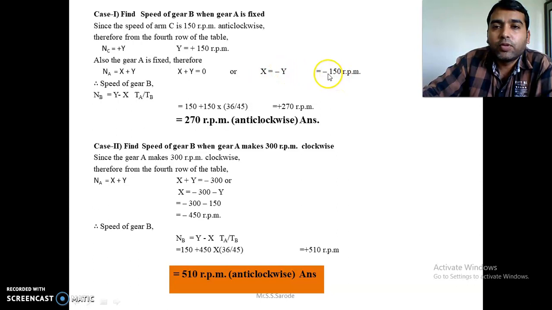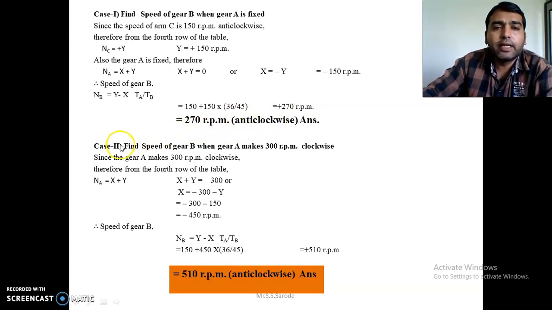So x is equal to minus 150. Speed of gear B, NB is equal to y minus x TA upon TB, which is taken from the table. So y has the value, x has the value. Put these values in this equation: 150 minus (minus 150) into 36 upon 45. So we are getting the value plus 270. That's why it is rotated in the anticlockwise direction.